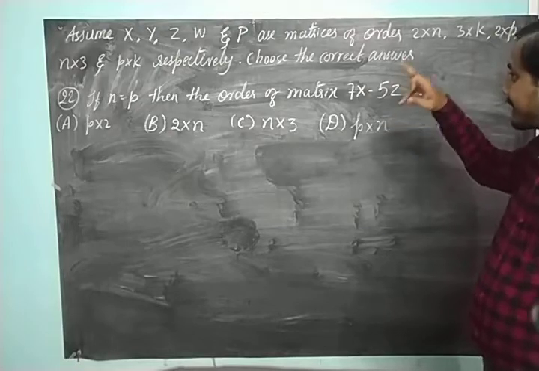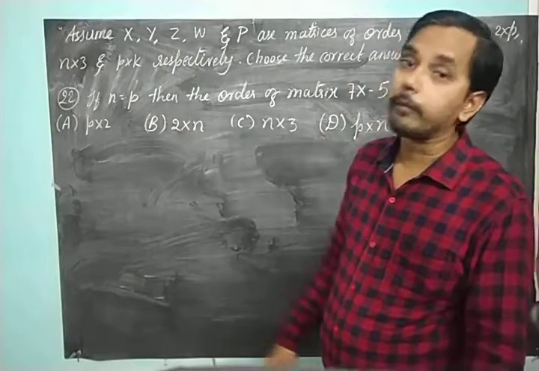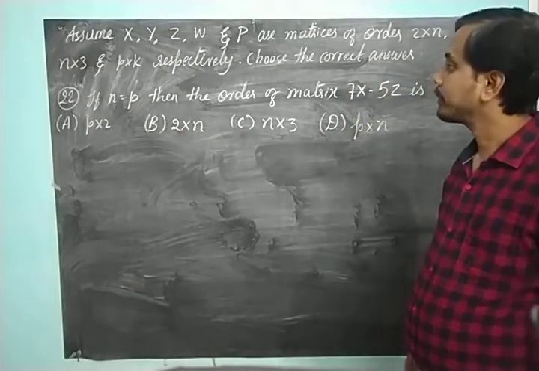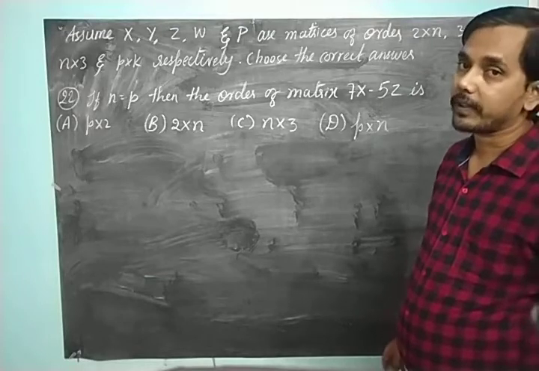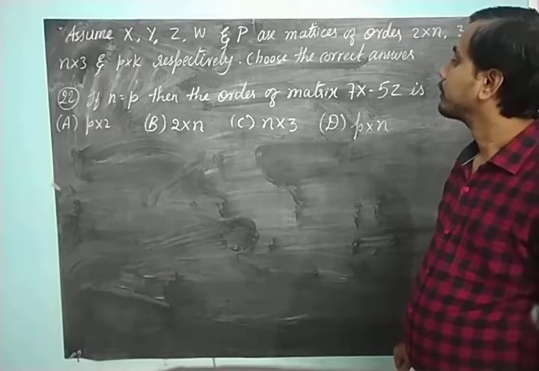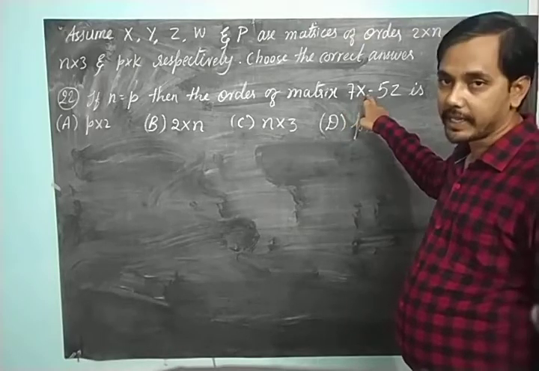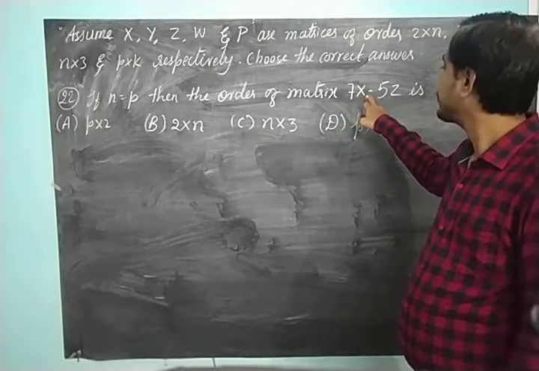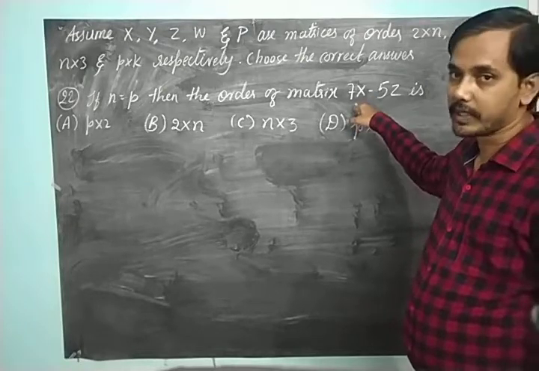Here x and z are matrices, and n and p are rows or columns of some matrices. So 7x minus 5z, what is the order of that particular matrix? 7x means 7 multiplied to some matrix x, so whatever the order of x is, that will be the order of 7x.